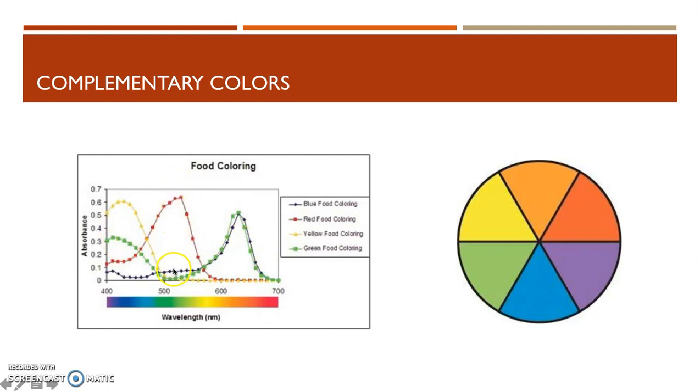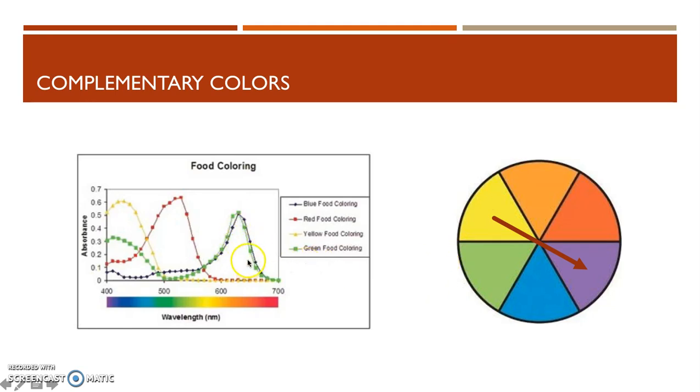And then the green food dye is actually a mixture of blue and yellow. Why does red absorb in the green? Well, if we look at the color wheel, the red food dye, what appears to be red and is transmitted through that solution, is actually absorbing green light, and that is on the opposite side of the color wheel. So when we talk about the yellow food dye, we said that that was absorbing blue and purple light, and that's because it's on the opposite side of the color wheel.